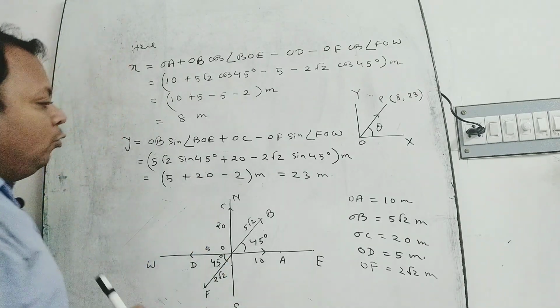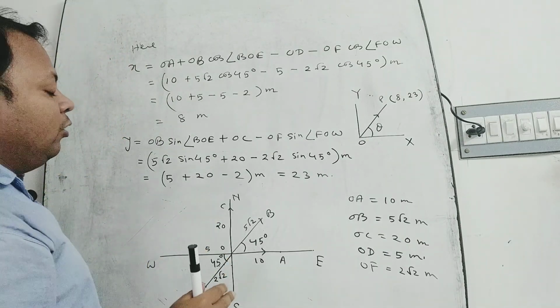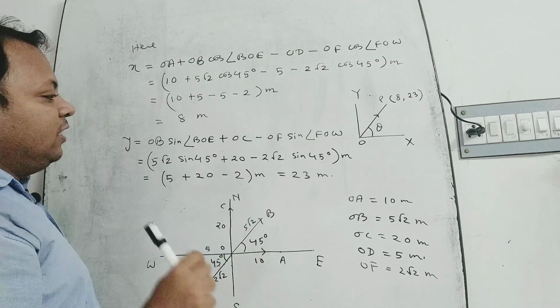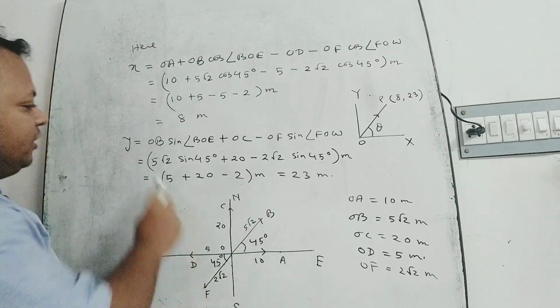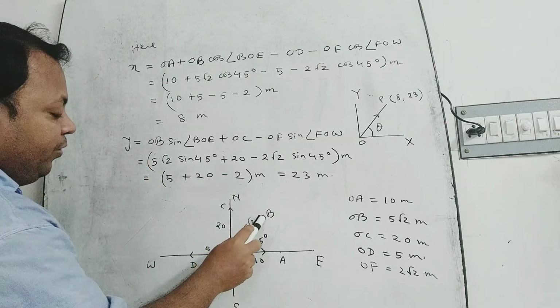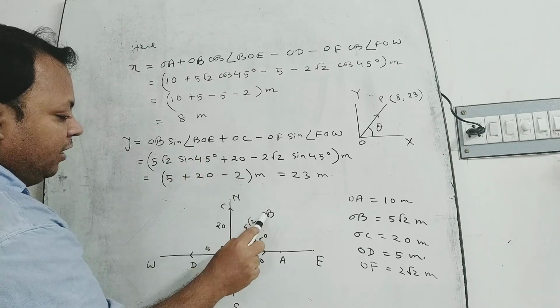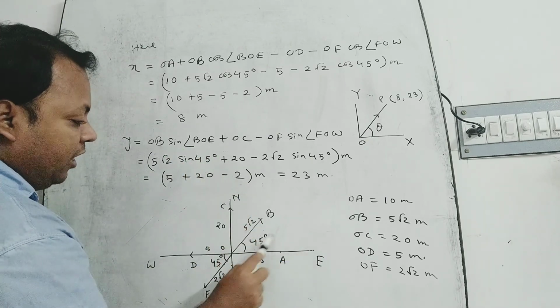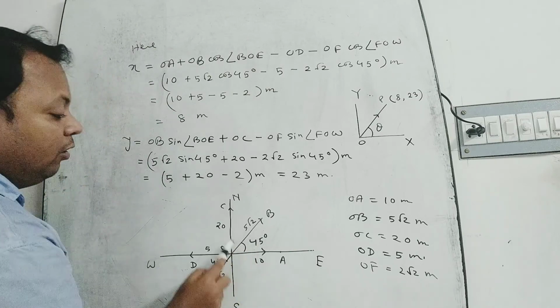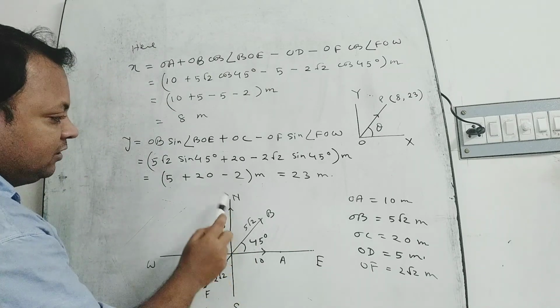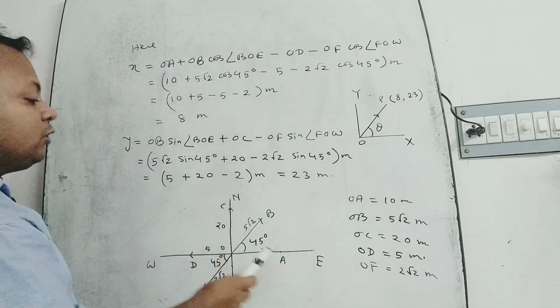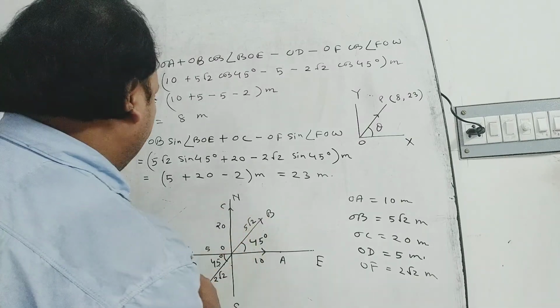Similarly, we can find the y component of the resultant displacement vector, that is y is equal to OB sine angle BOE. Here the component of OA along OY axis is 0. That's why we start from OB vector.